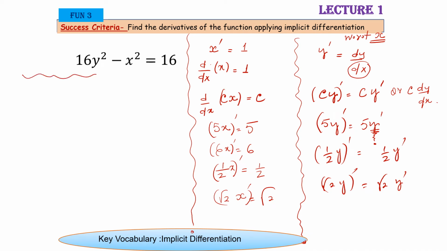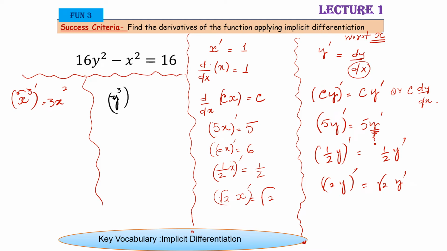Now what if we take the derivative of x cubed with respect to x? We all know that we bring the 3 down, keep the x, and from the power we subtract 1, so it becomes 3x squared. But if I ask you to take the derivative of y to the power 3, try to manage it with the help of the chain rule of differentiation.